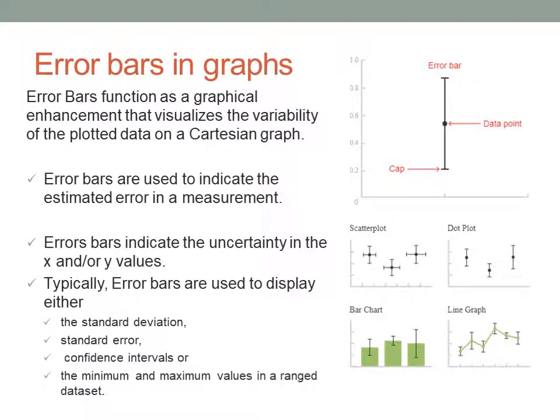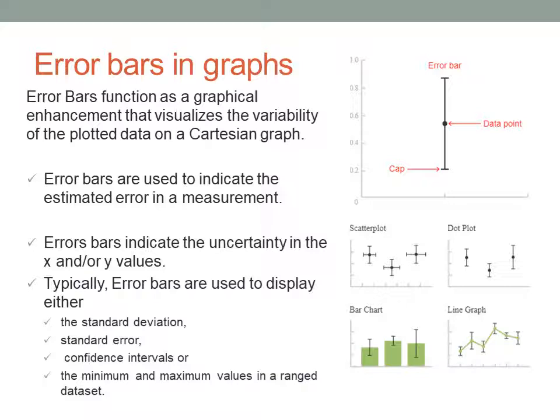Okay, the next important point in graphs is you should include error bars that enhance the visualized variability of the plotted data in a Cartesian graph. So if you have a bar chart, always remember to put the error bar.